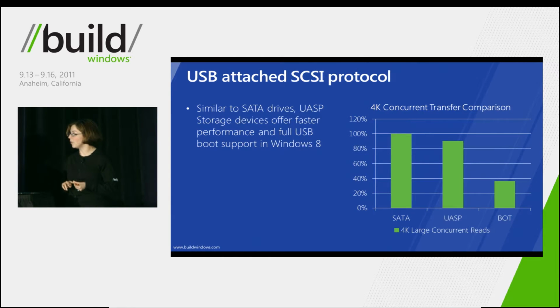So for example, some of the data that we've been seeing in our internal labs is that it can go up to 50% faster when you're doing concurrent transfers on UASP drives compared to bulk-only transport. And part of the reason is that with streams, you can parallelize the transfers, versus with bulk-only transport, you cannot.